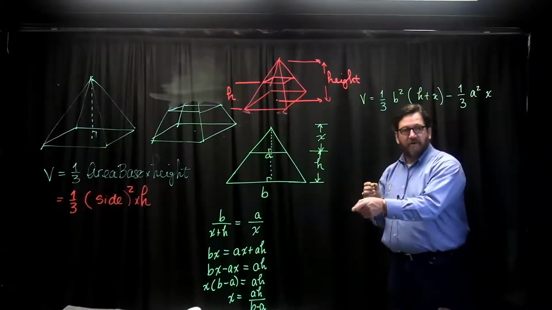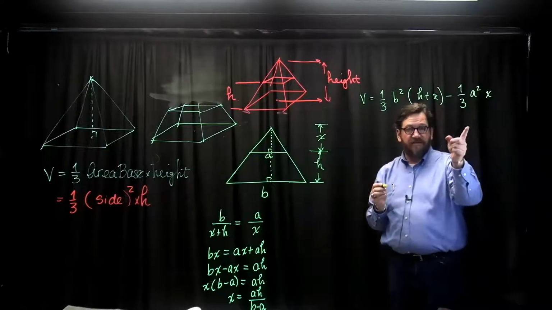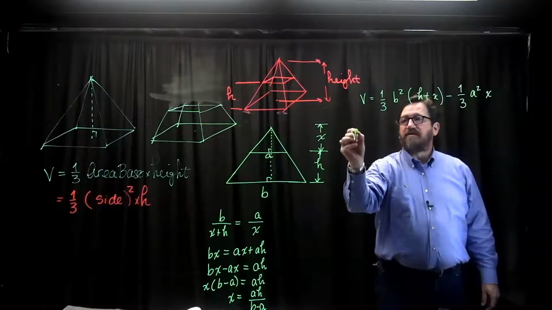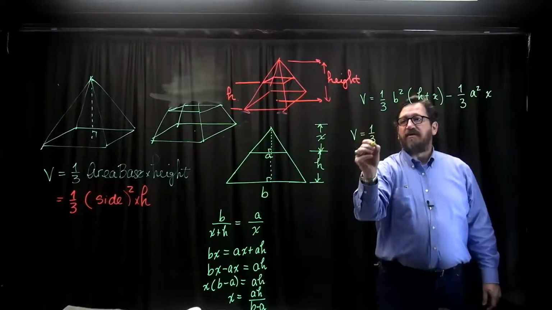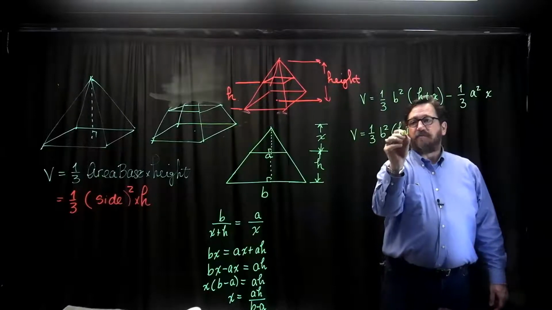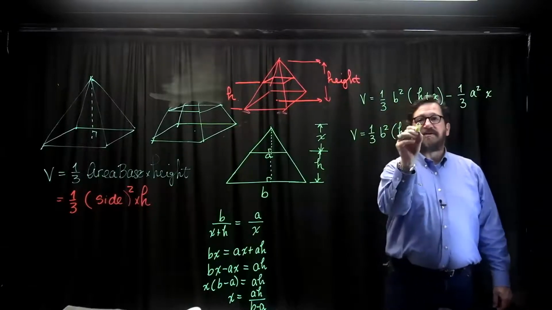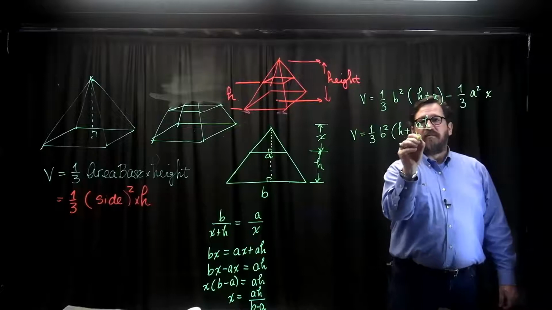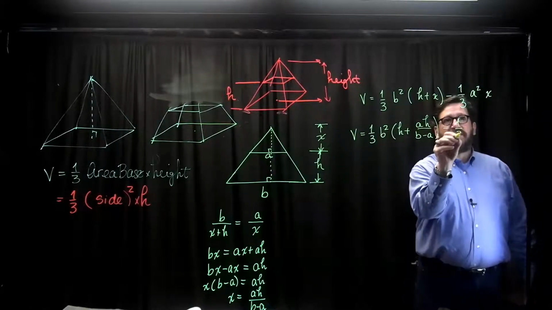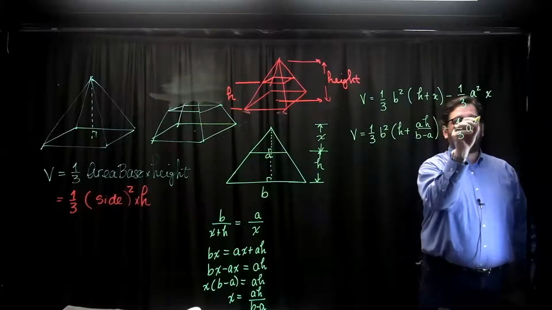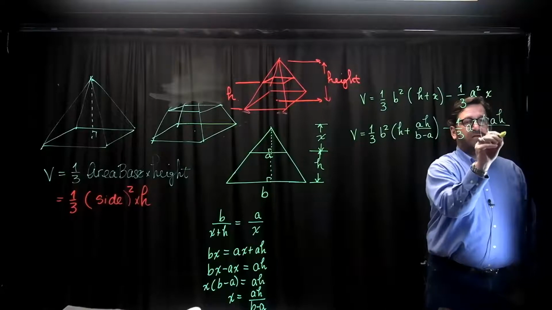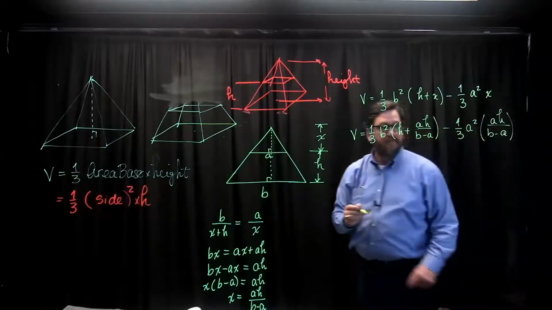But we now know what x is in terms of these other letters. So let us put that in the formula. So the volume is going to be 1/3 b squared (h plus x, which is a times h over b minus a), minus 1/3 a squared times ah over the difference of b and a.